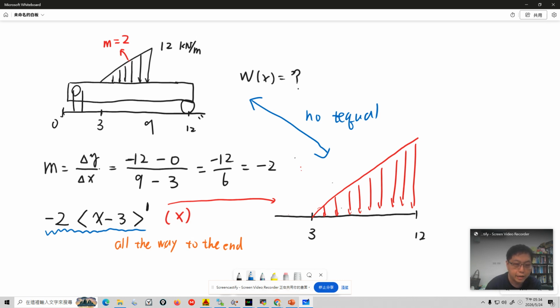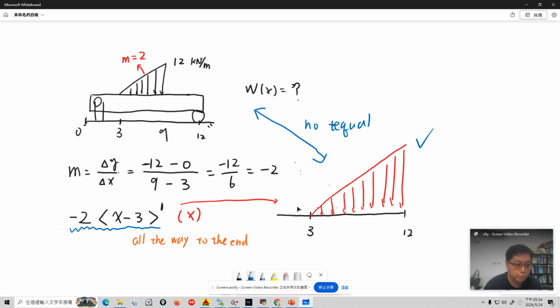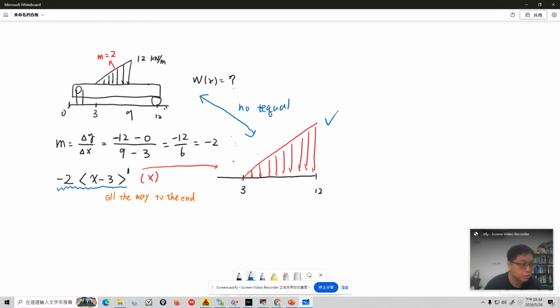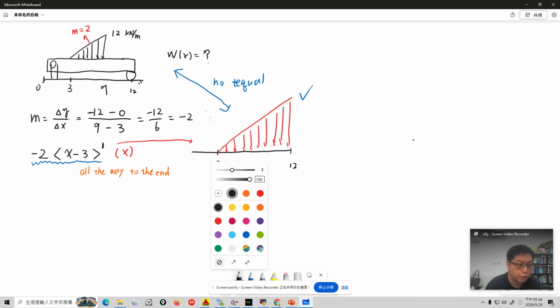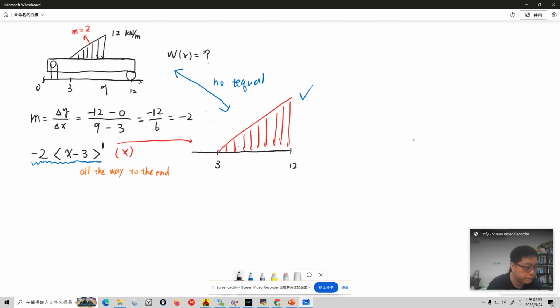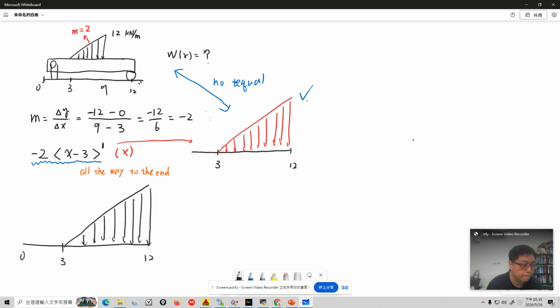Here we need to make some trick. The trick also starts from this graph. Let me draw it again: 0, 3, and 12.